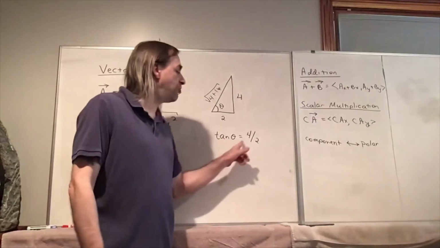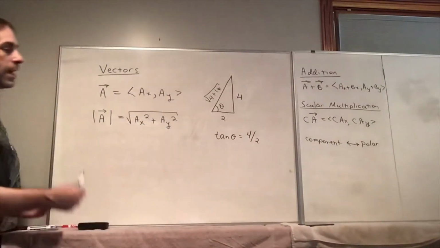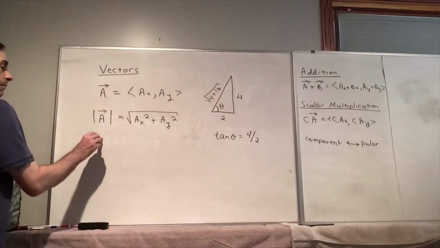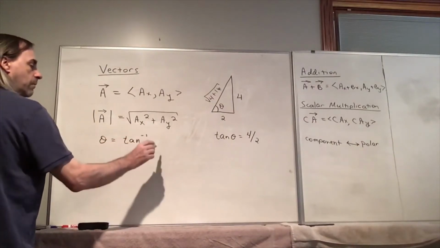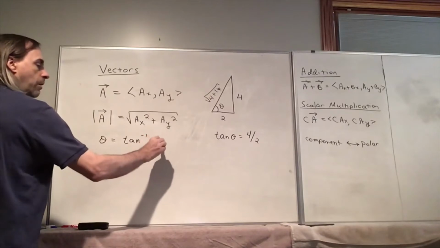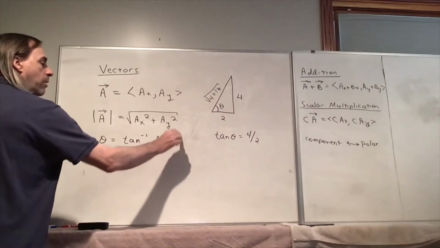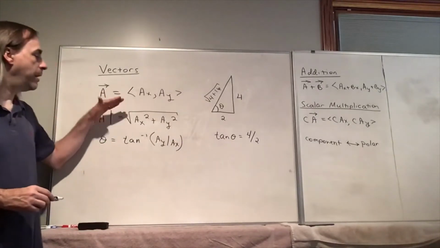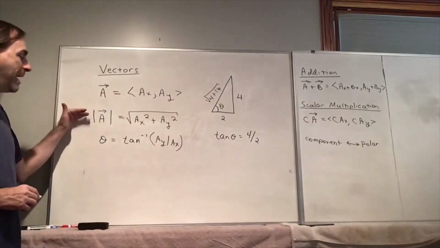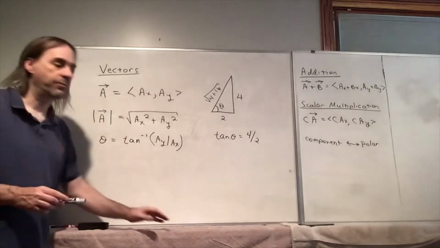So if we have tangent of theta is 4 over 2, how do we find theta? We take the inverse tangent. So in general, it'd be Ay over Ax. So if we have component form, we can convert to polar form where we have the magnitude and the direction.